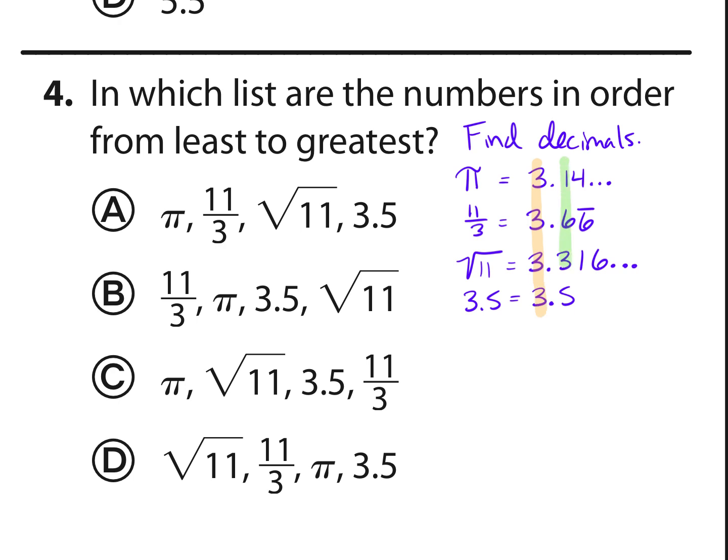Comparing in the tenths place, they're all different, and I look to see which one's the least. The 1 is the least, then 3 is the second smallest, then 5 is the smallest that remains, and then 6 is the largest of them all, and we place them in that order. So pi, then square root of 11, then 3.5, and last 11/3. Answer choice C.